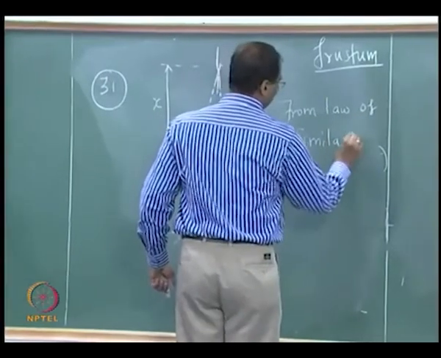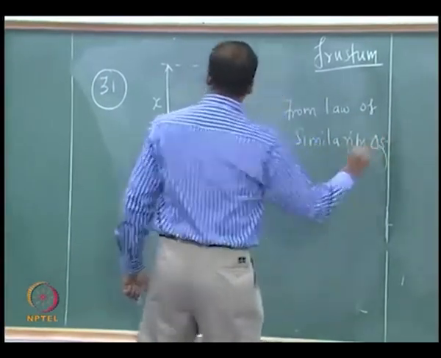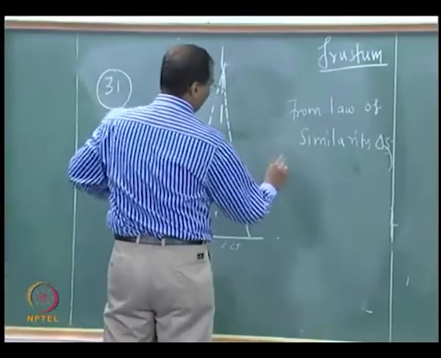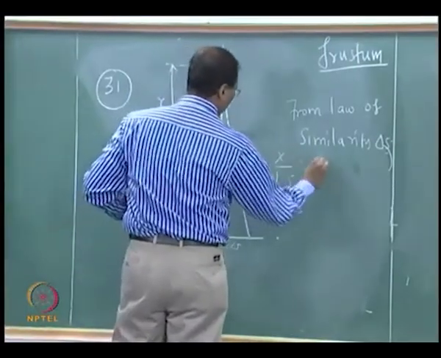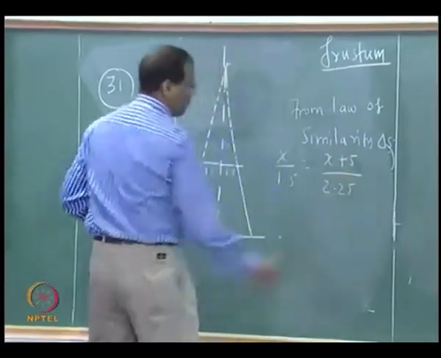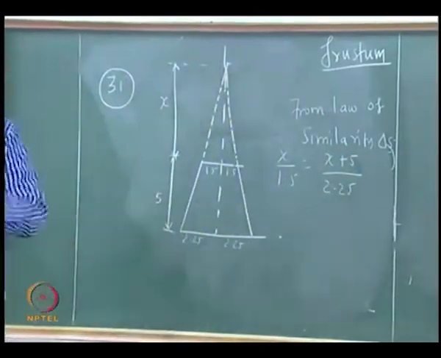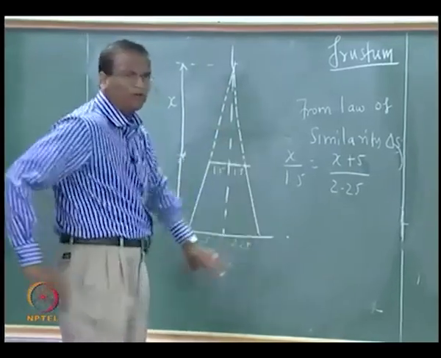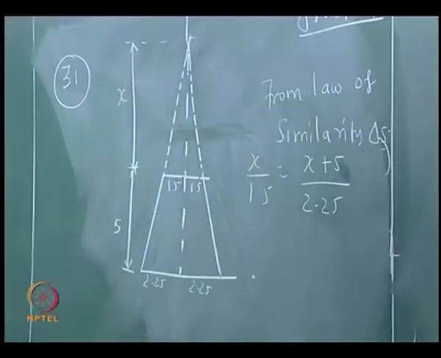The law of similarity triangles, x divided by 1.5 is equal to x plus 5 divided by 2.25, is that correct? Okay, x divided by 1.5 is equal to x plus 5 divided by 2.25. Vikram, is it okay?